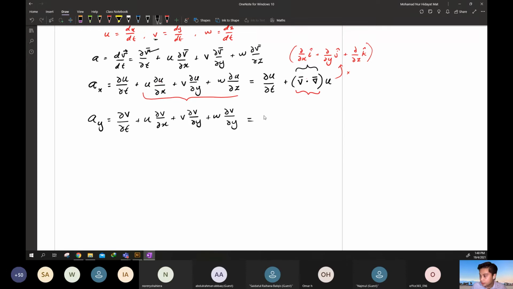So the same thing happens, nothing changes, right? The change is only the v. Dot product with the gradient form multiplied with the v. And then this is in terms of the z, which is w over t plus, this is the same.